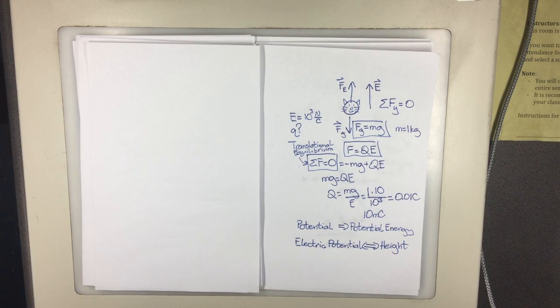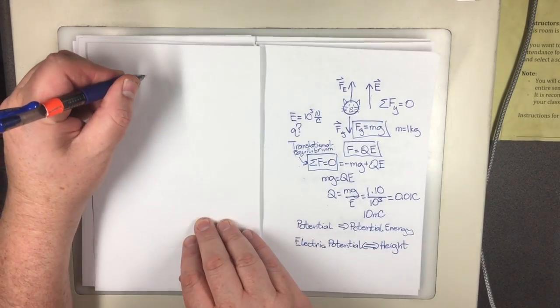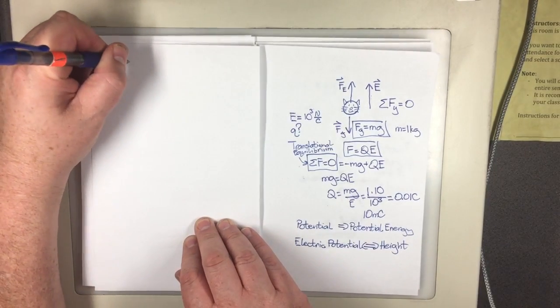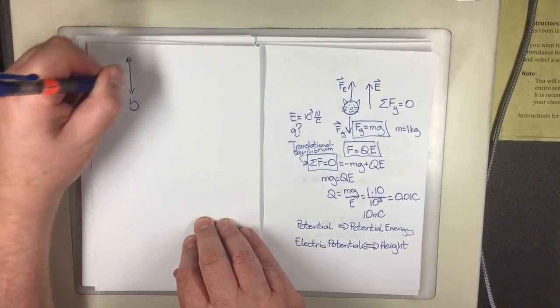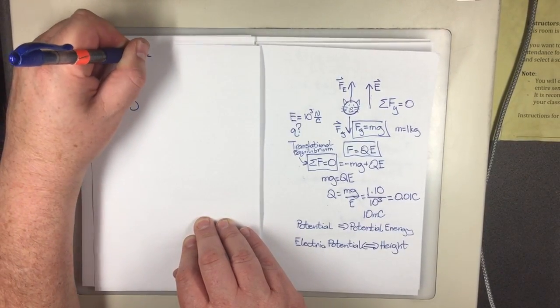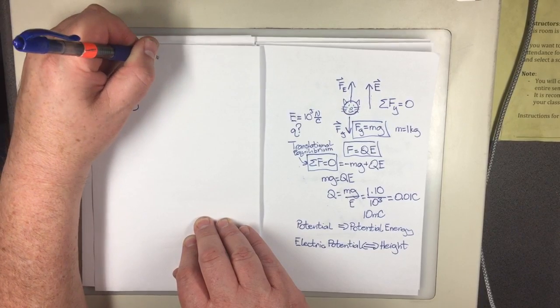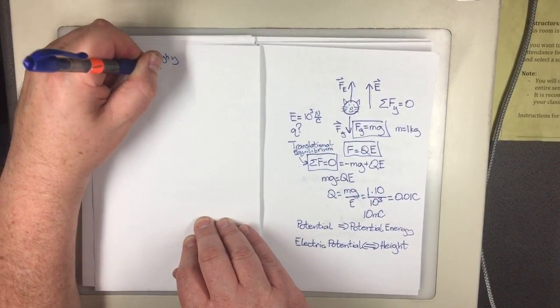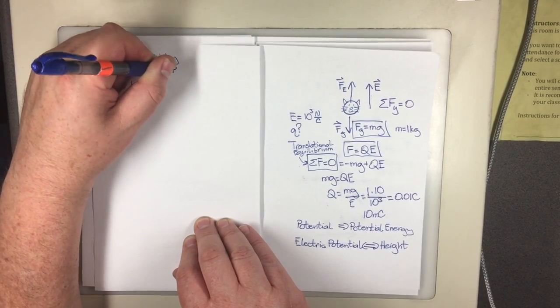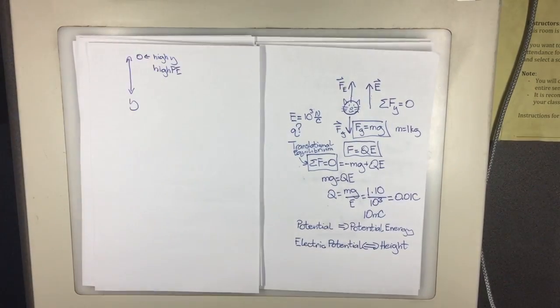If you're way down in a valley, you're at low potential. The big difference is that in a gravity situation, that has a high potential energy.